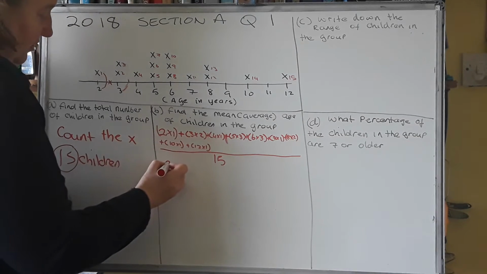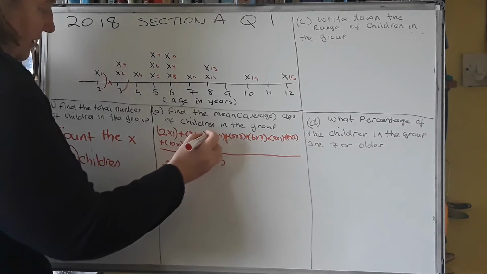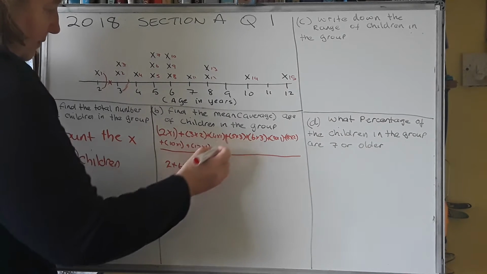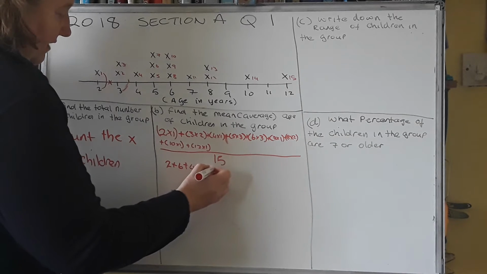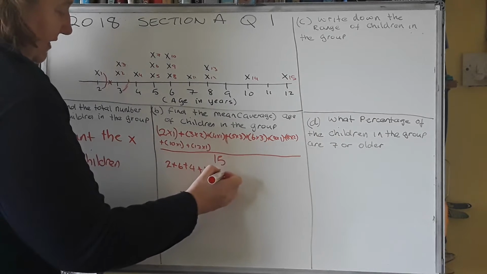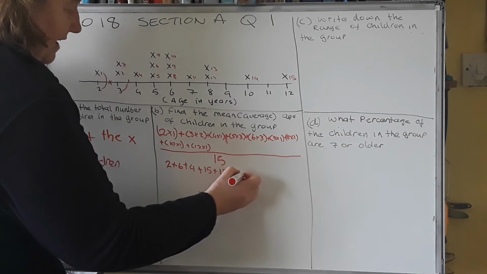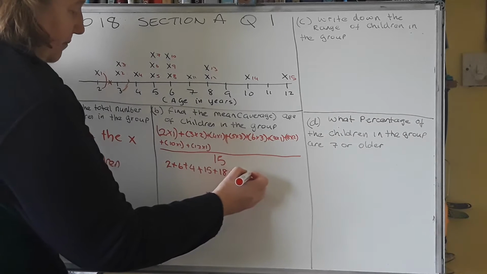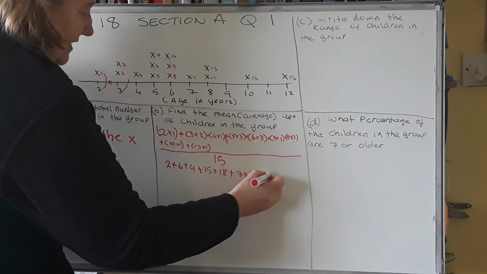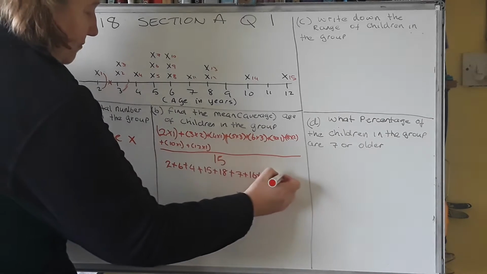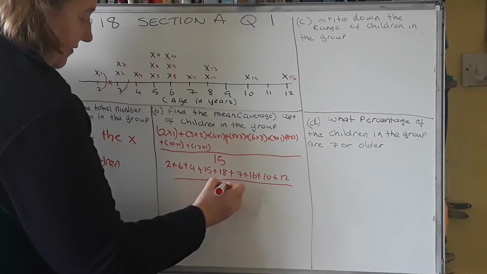So 2 by 1 is 2, plus 3 by 2 is 6, plus 4 by 1 is 4, plus 5 by 3 is 15, plus 6 by 3 is 18, plus 7 by 1 is 7, plus 8 by 2 is 16, plus 10 by 1 is 10, plus 12 by 1 is 12, and that's still all over 15.